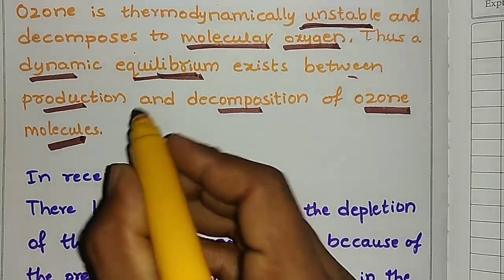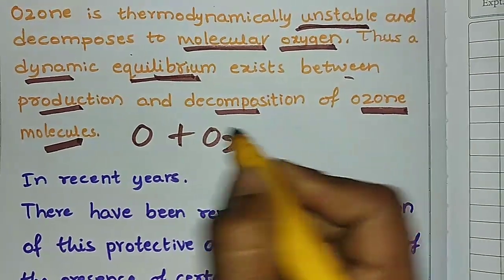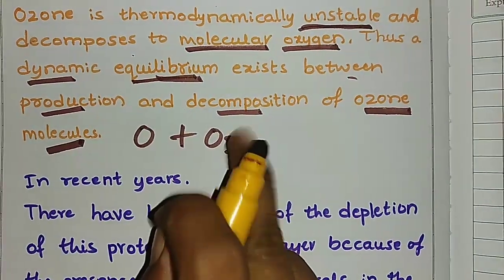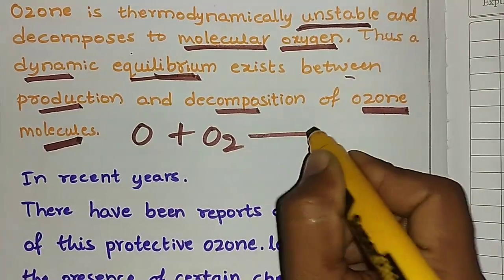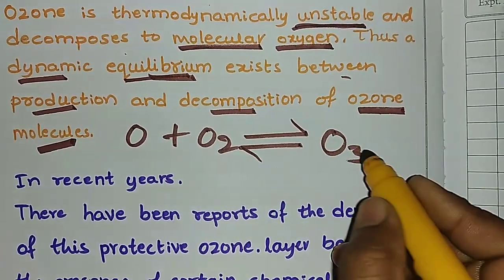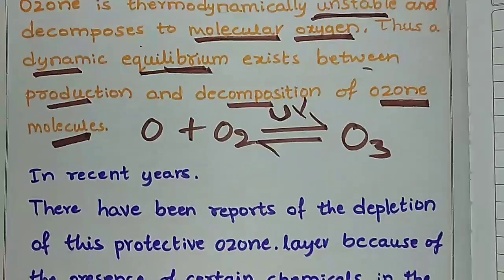The reaction is like this: O2 plus free oxygen atoms, in equilibrium, forms ozone, O3. Here UV radiations will act.